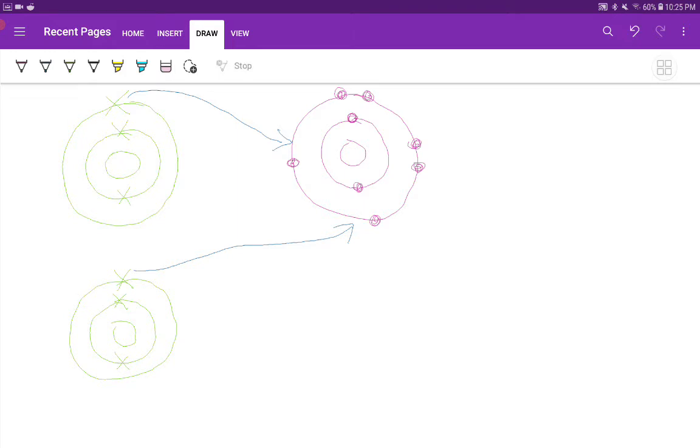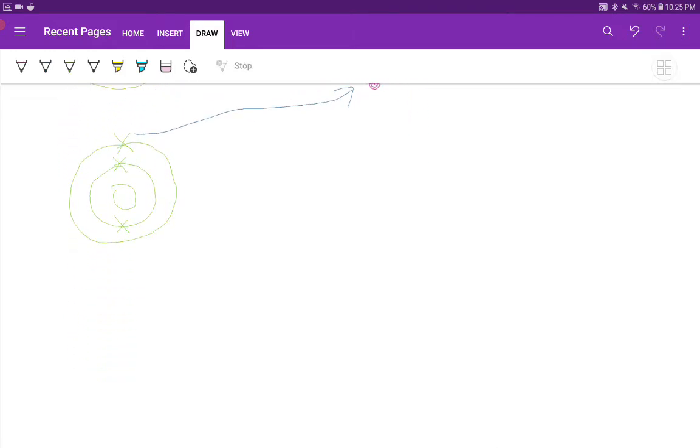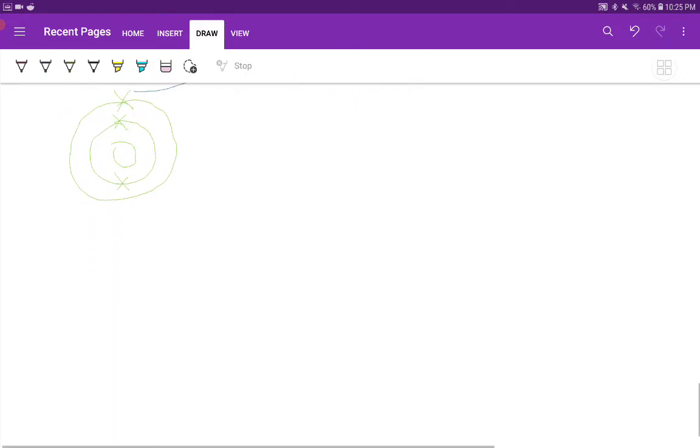So let's draw some ions now. So we have 1 lithium, another lithium. Lithium had 3 protons and it had 3 electrons and then it lost 1.